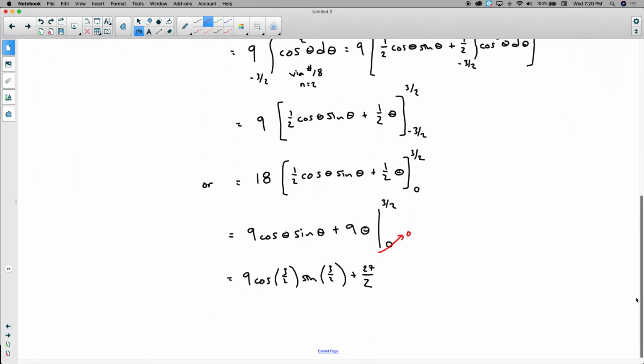So I can come down here and fix my problem. All of these, and even from further up, need to be turned into pi over 2's instead. So pi over 2, that was the mistake that I made. Pi over 2, pi over 2, pi over 2, pi over 2.